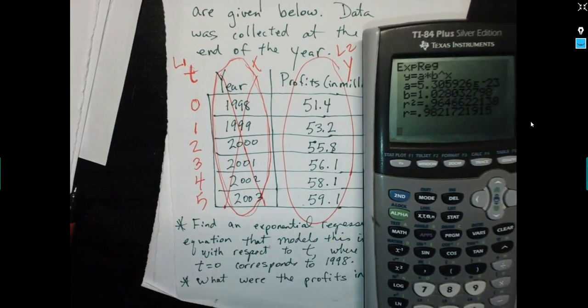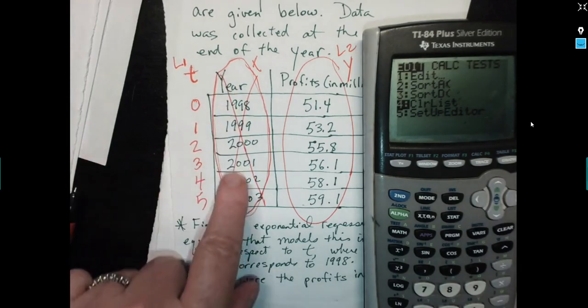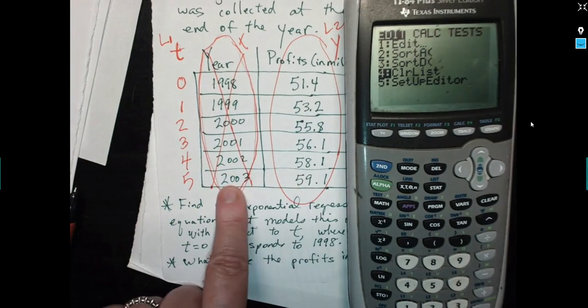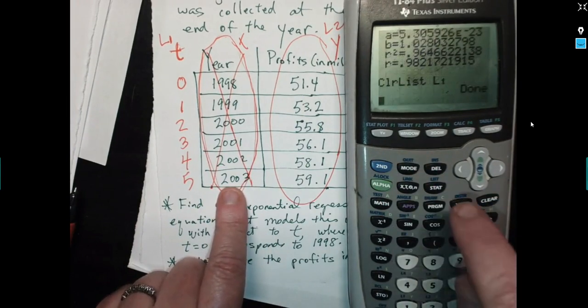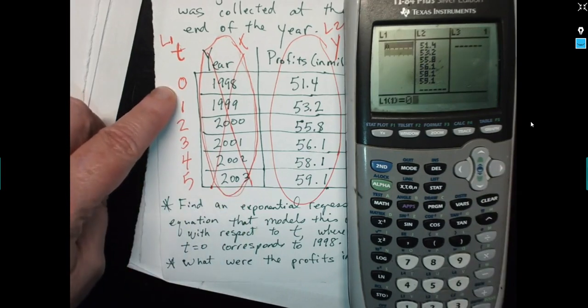with respect to t. So I have to press stat, I have to go back, and I have to clear out this old list 1. I'm keeping the list 2. That's not going to change. So second 1. And now press stat, enter, and I'm going to put in my t values.